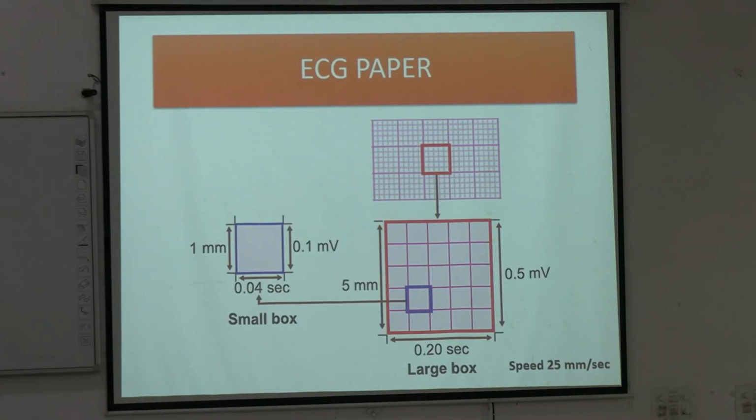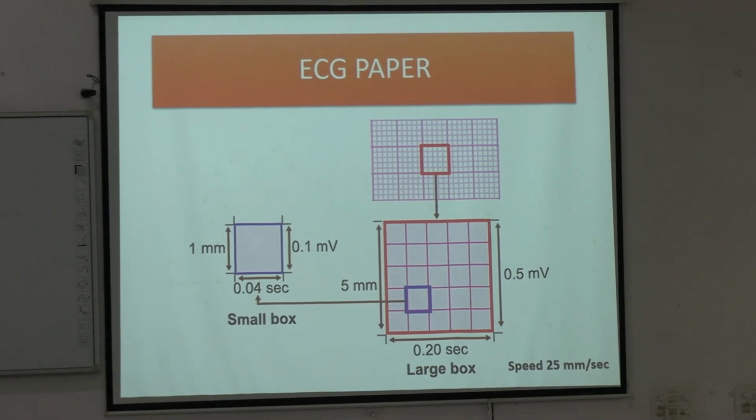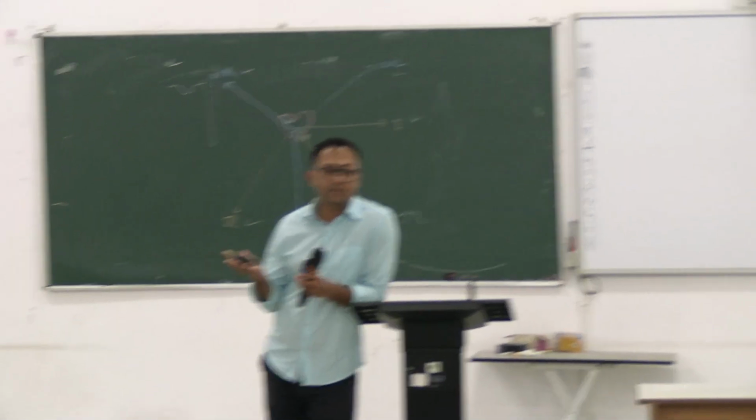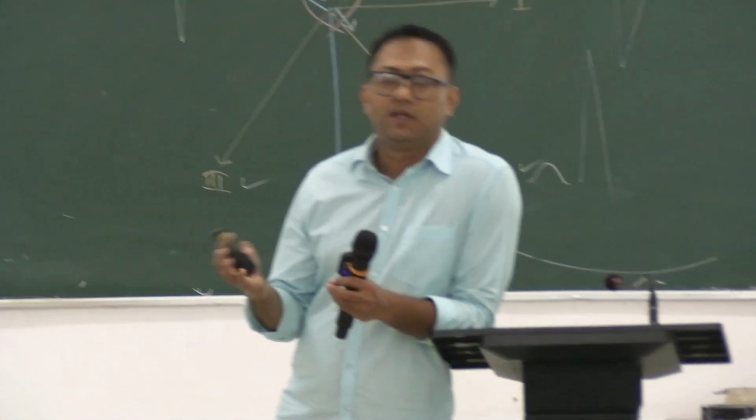Now ECG paper. Okay, the standardization of ECG paper or the calibration of ECG paper. How to do that? So in ECG paper we have such graphs. Okay. Now the remaining part of ECG will be a practical topic. Right now practical is going on, pulse examination of arterial pulse.